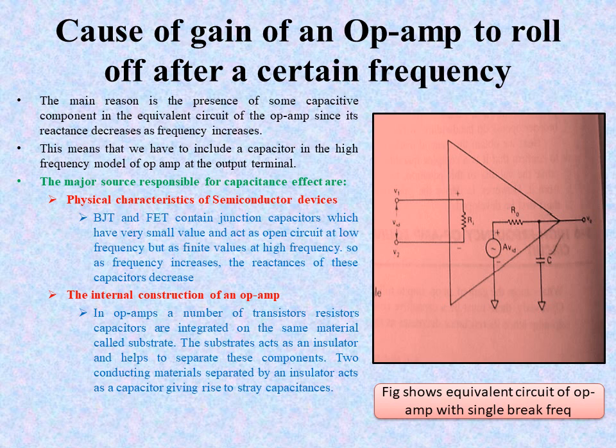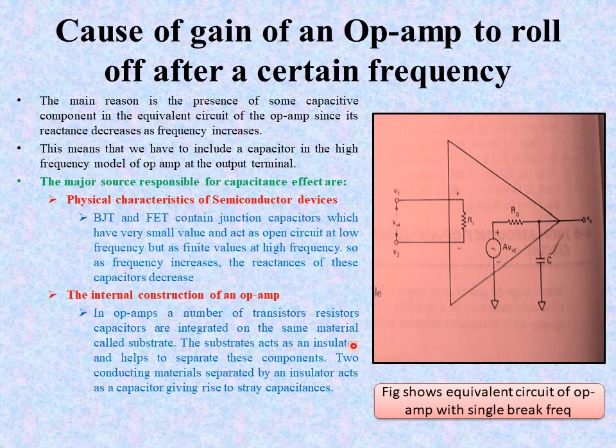of C to originate. So if these two effects are combined together, we have a certain amount of C in the operational amplifier. This C is represented here in the diagram in the form of this capacitor. So this capacitance includes both the effects of BJT, FET, and the internal construction of the op-amp.